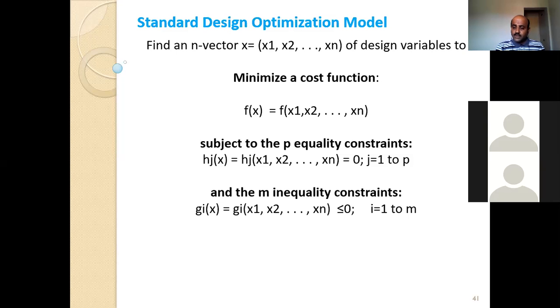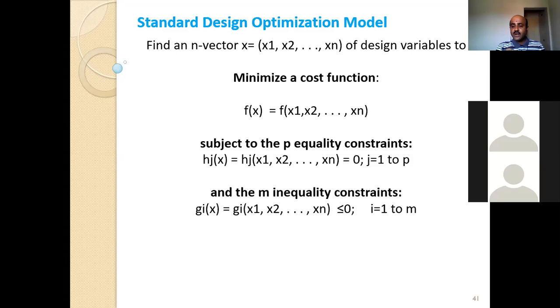Therefore, defining design variables is very important in optimization. So please be careful, because we have worked out so many problems in the previous classes. By this time, you might know how to define the design variable. You have to identify and define the design variables properly.